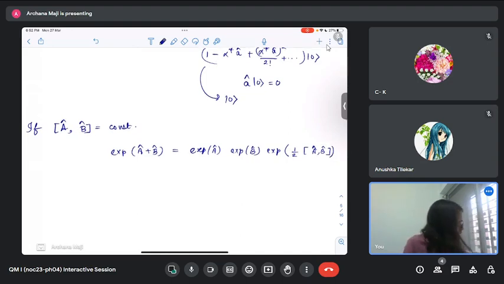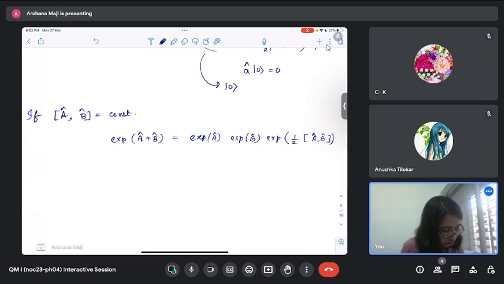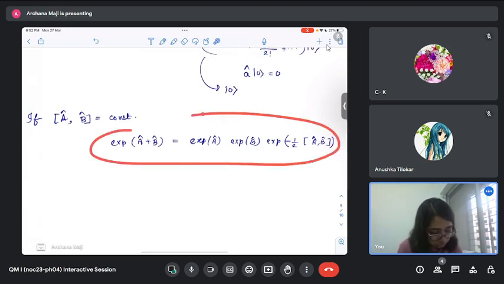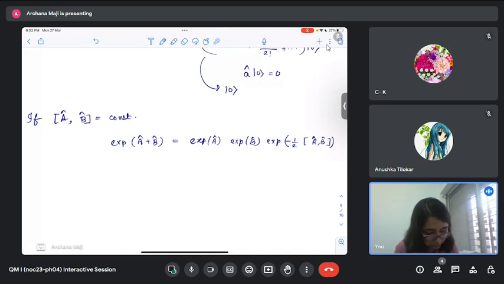No, wrong, there is a minus here. Okay, so this is the identity: if the commutator of A and B is a constant, then this identity holds.